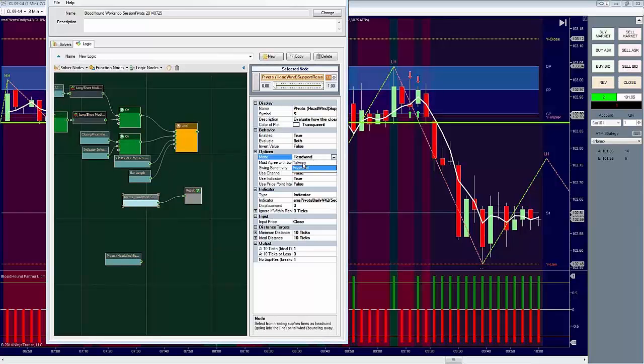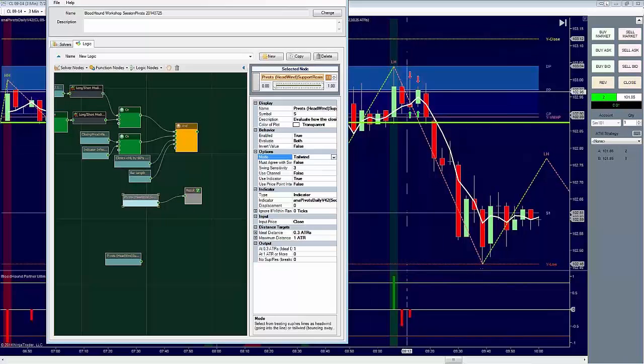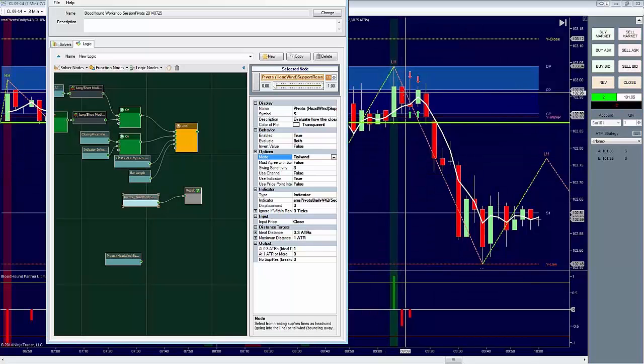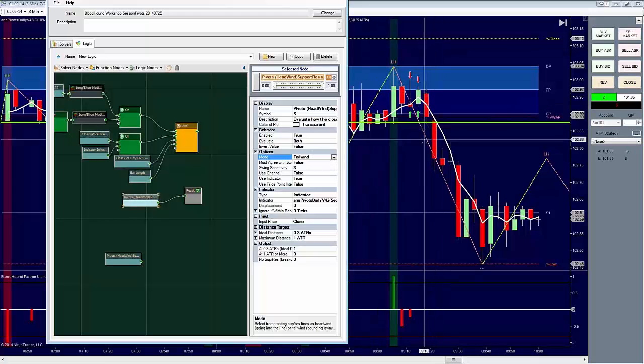So remember, tailwind is showing us when we are basically pulling back to support or resistance and then trading from it. Right, so tailwind means support or resistance is behind us, right? So we want to trade with the support or with the resistance. You know, tailwind is pushing us, right? So we're being pushed away from support or resistance.